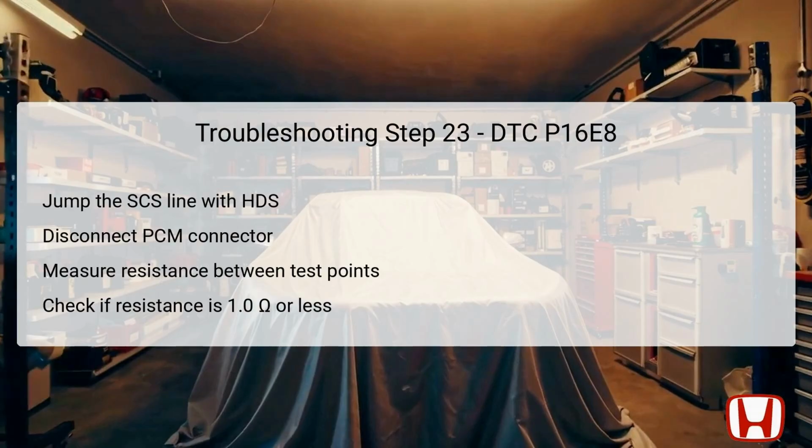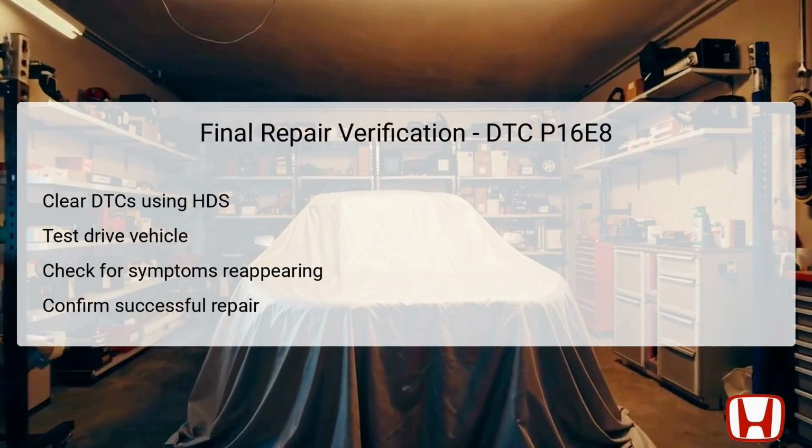If resistance exceeds the threshold, it requires repairs, addressing the open circuit flaws within the LIN wire connecting the PCM and shutter grille. The final verification process is essential in confirming that the implemented repairs have effectively resolved the P16E8 issue.